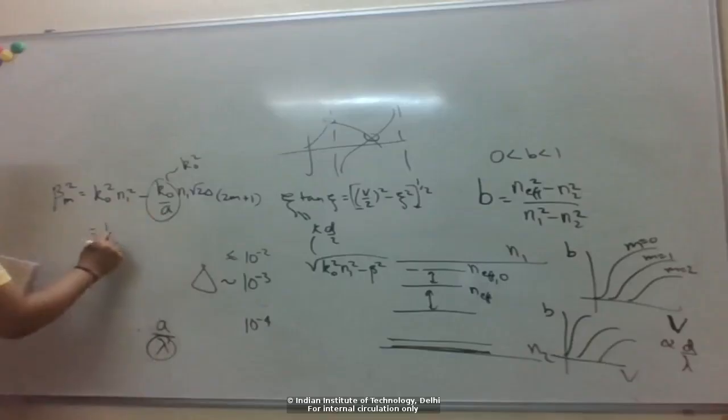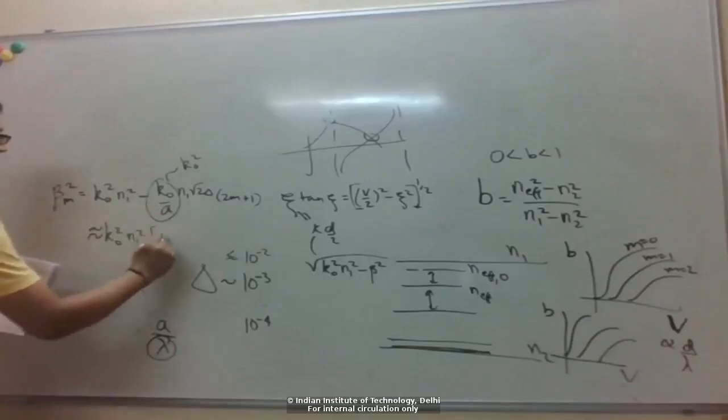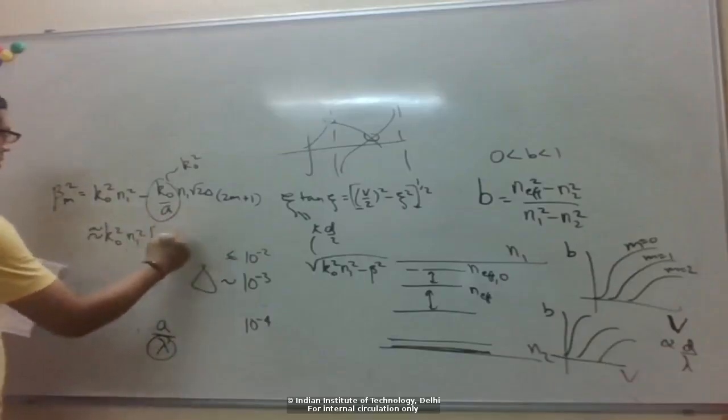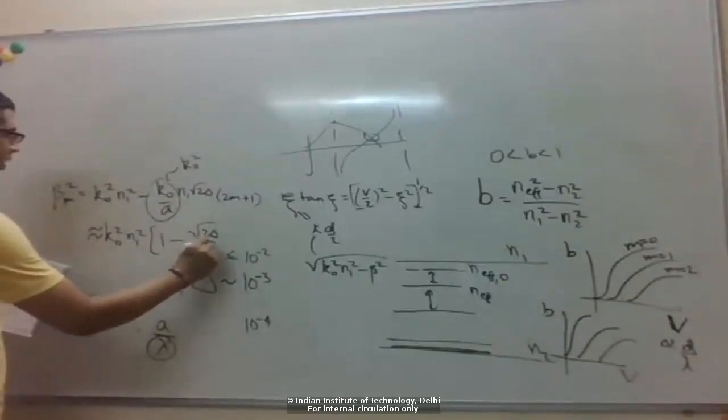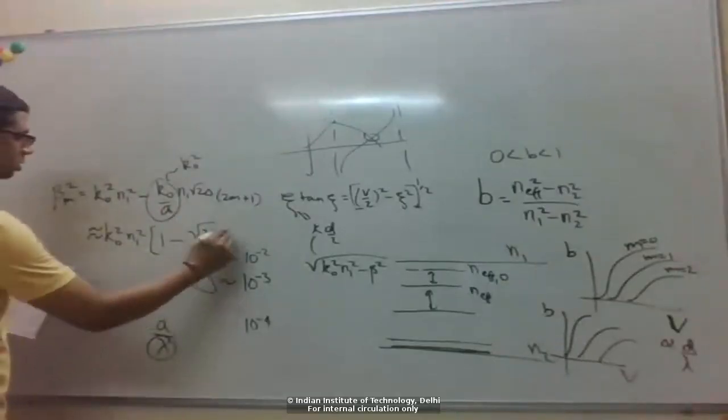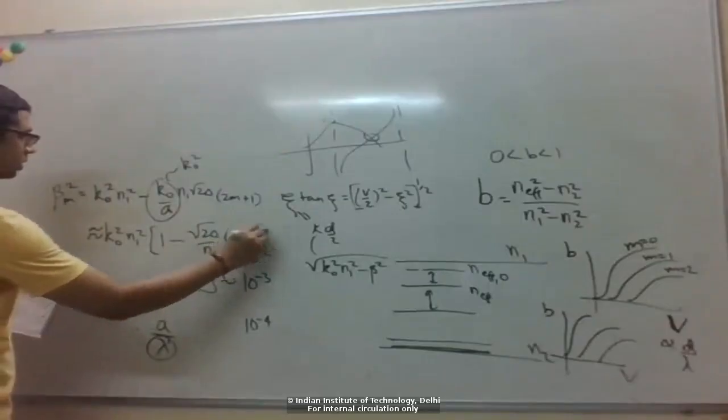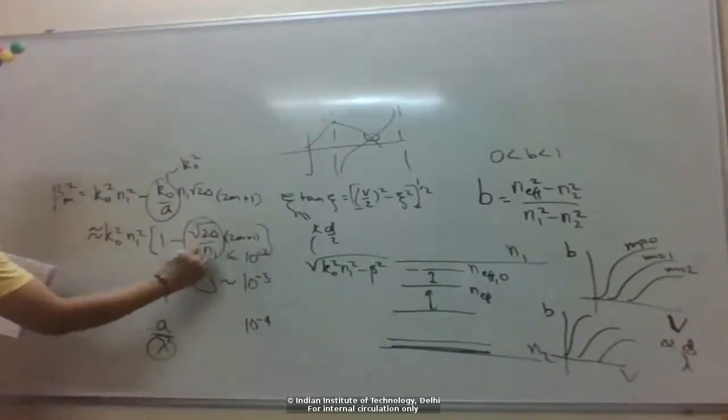If I take k naught square n1 square common out here, then I get something like 1 minus the square root of 2 delta divided by n1. So what we have is something proportional to delta, which is much smaller than 1.